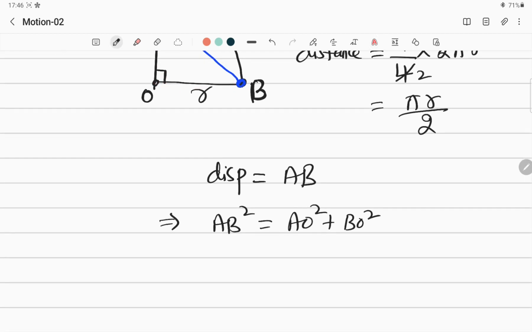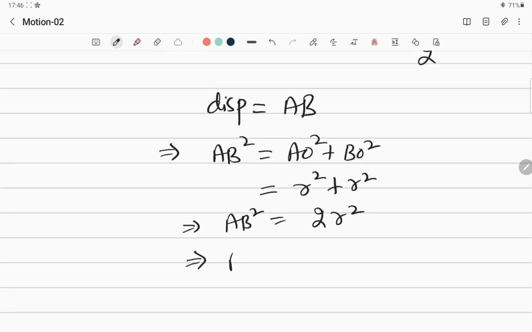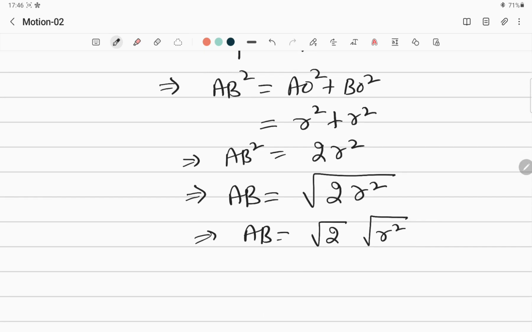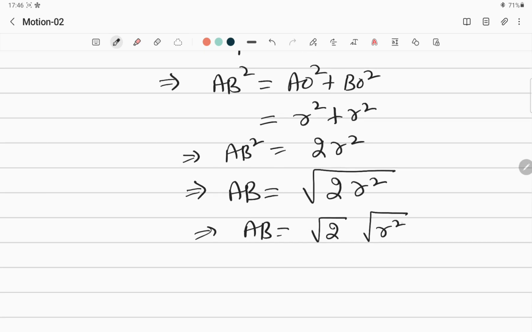AO and BO both are radius, so that is R square plus R square, which is 2R square, and that is AB square. We want only AB, so AB is equal to under root 2R square. Root 2 remains as usual, and it can be written as under root R square also. You have learned all these fundamentals in the number system chapter.